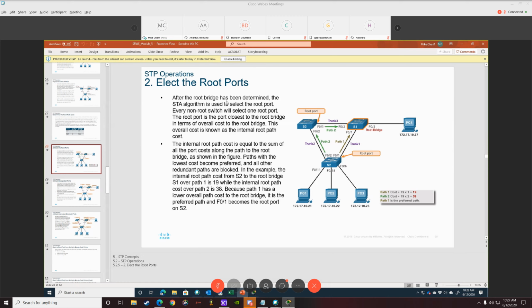After the root bridge has been determined, the algorithm is used to select the root port. Every non-root bridge will select one root port.